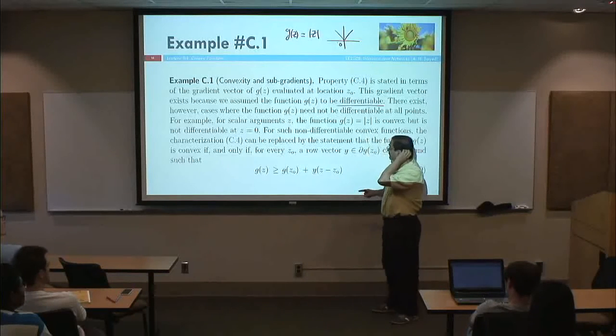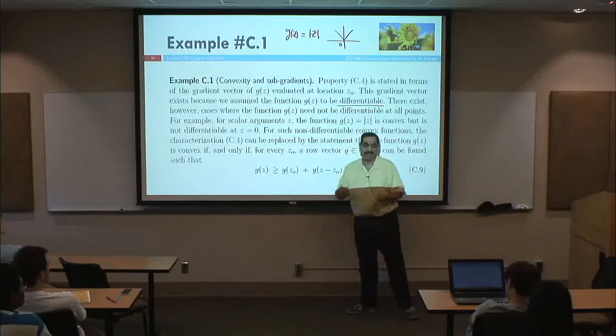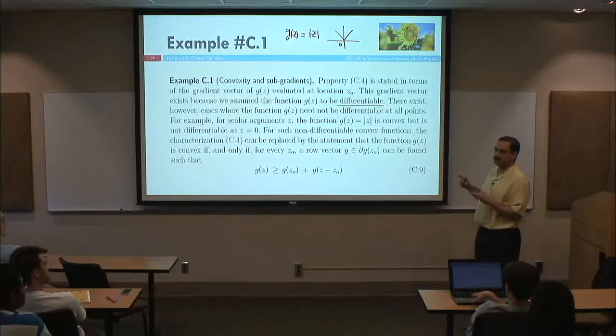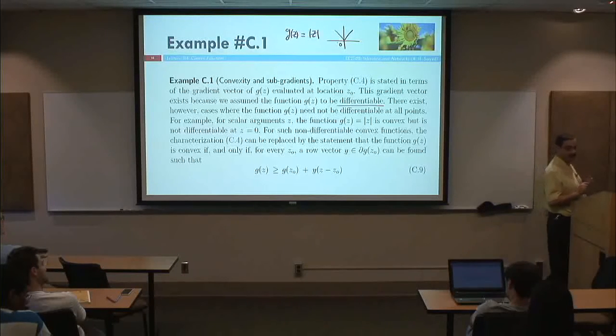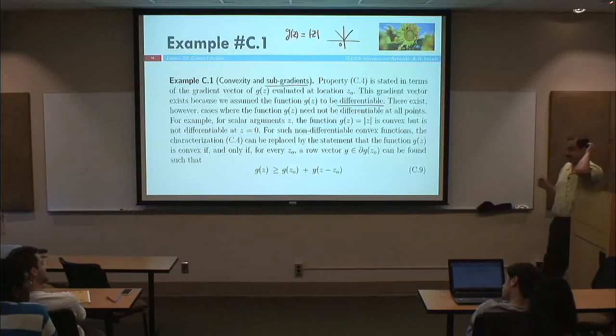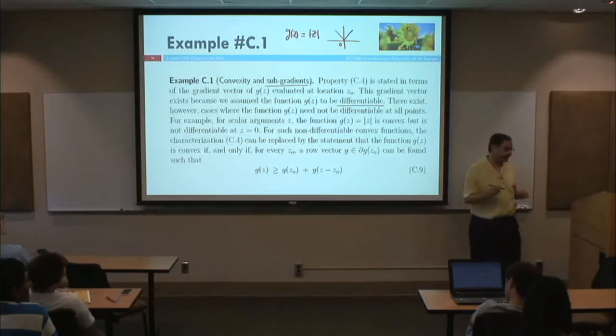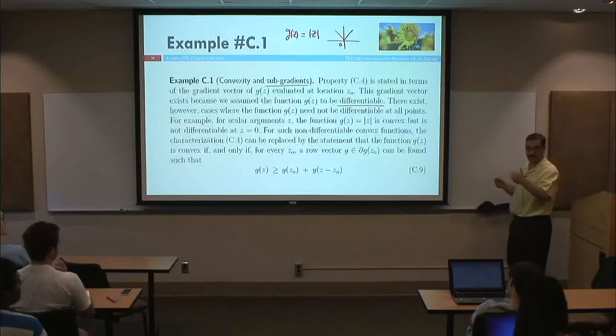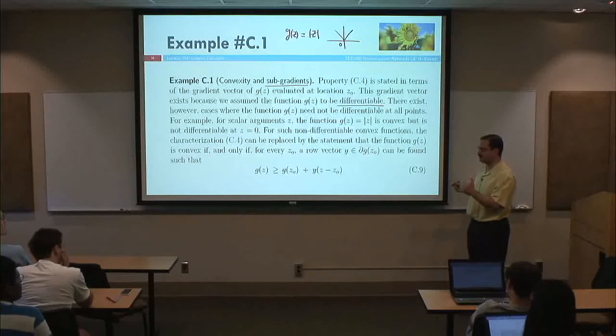But now, if this point z0 happens to be a point where the function is not differentiable, what relation would I use instead of that? So this is where the notion of subgradients comes in. So let me first define what a subgradient is, and by the way, subgradients at a particular point are not unique. You can have many subgradients.